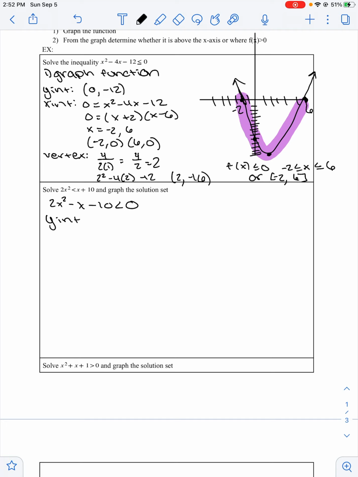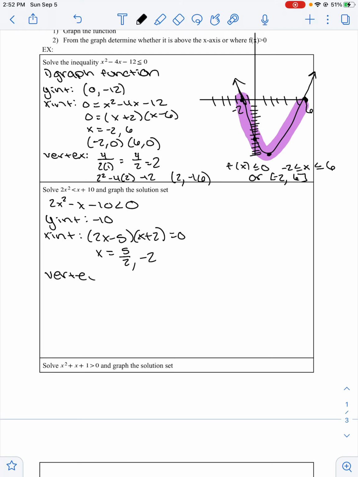Again, start by finding the y and x-intercepts and the vertex. So the y-intercept is -10. My x-intercepts would be 2x minus 5 times x plus 2 equals 0. So x equals 5 halves and -2.